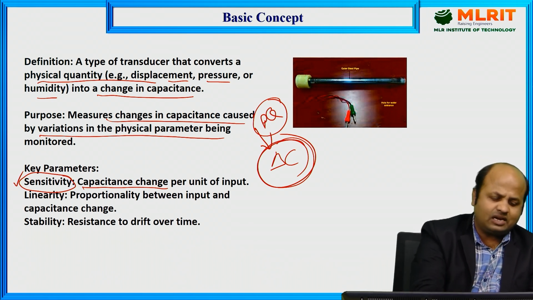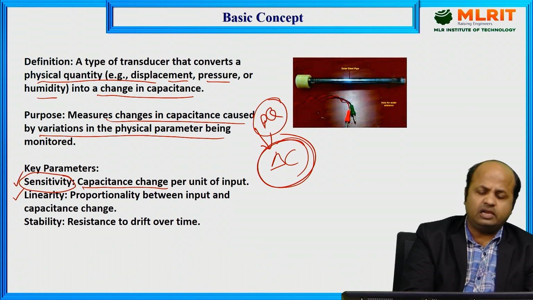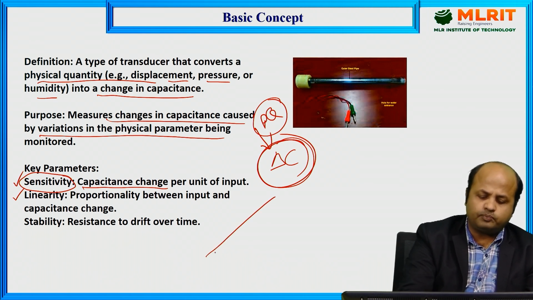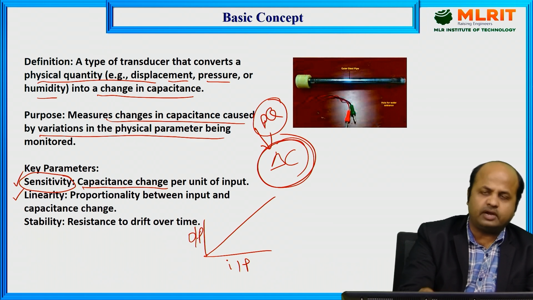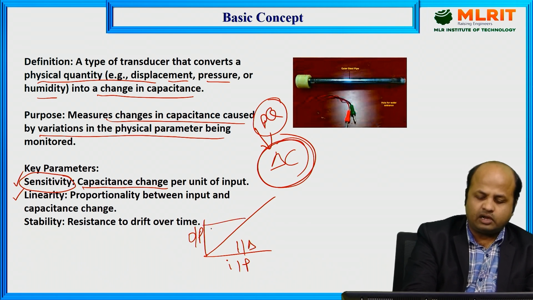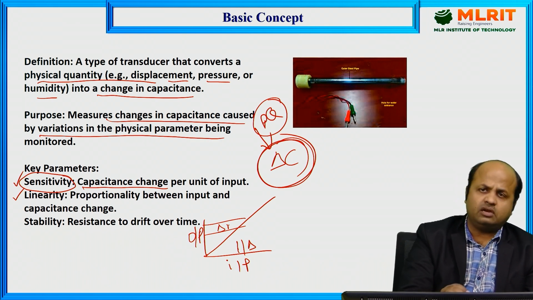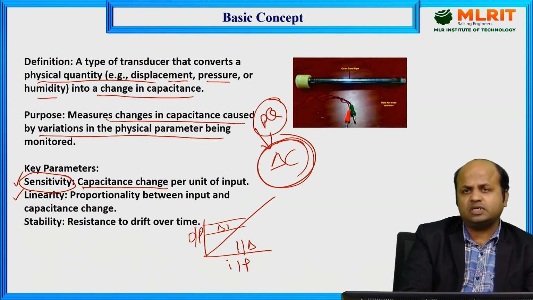The second point is linearity. A capacitive transducer should be highly linear. Highly linear means there should be a proportional change between input and output. If you vary the input by some delta, the output should change in proportion. Then only can we say that it is linear, and this linear property is highly desirable.